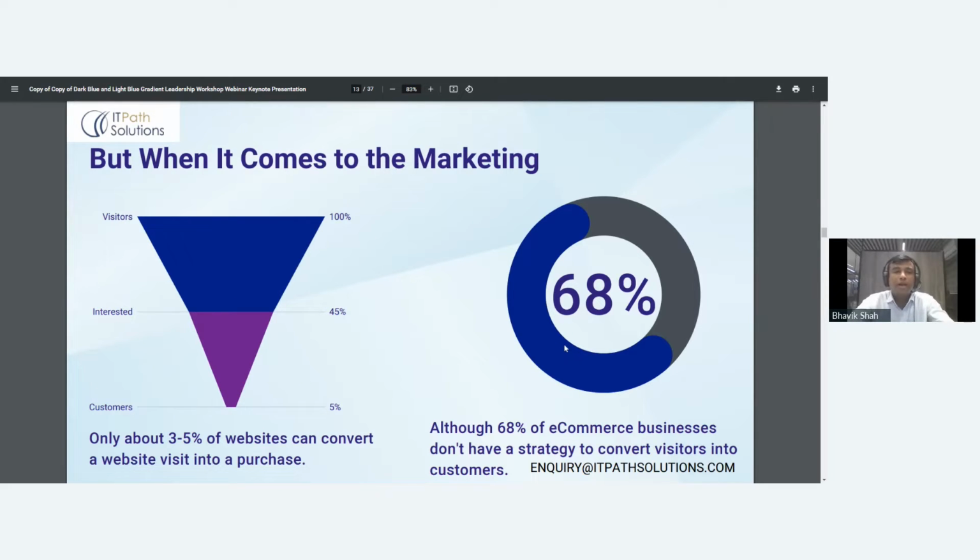As I said, on one hand, only 3 to 5% of the people who visit your website become your customer and actually place an order. And on the other hand, 68% of businesses don't have a strategy to convert visitors to customers. So this is again very good statistical information in front of us, which depicts that there is untapped potential.